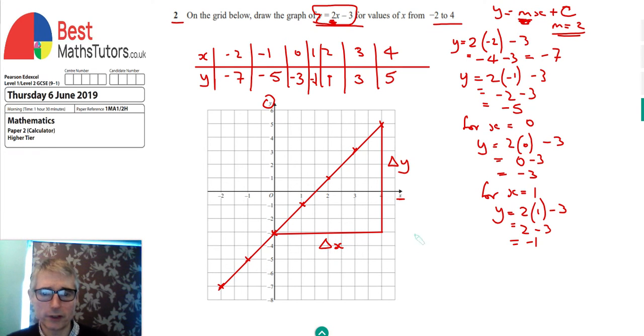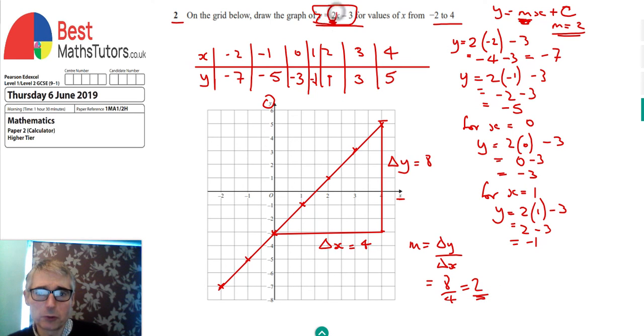We can see that the change in y goes from -3 to 5, that's 8. And the x goes from 0 up to 4. So m is delta y over delta x, delta usually means change in, so the change in y over the change in x, that would be 8 over 4, which is 2, the same as the value multiplying the x at the top. So we can see how the value multiplying the x gives us the gradient.